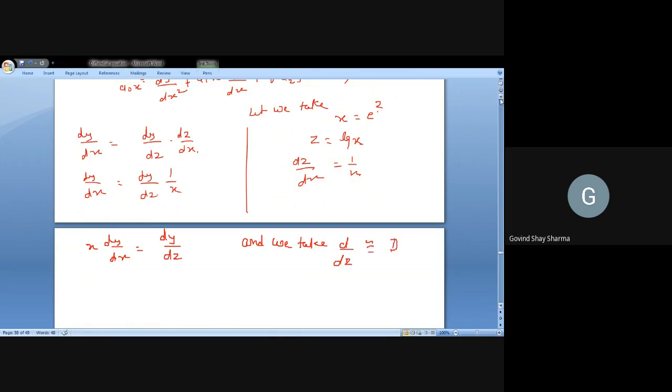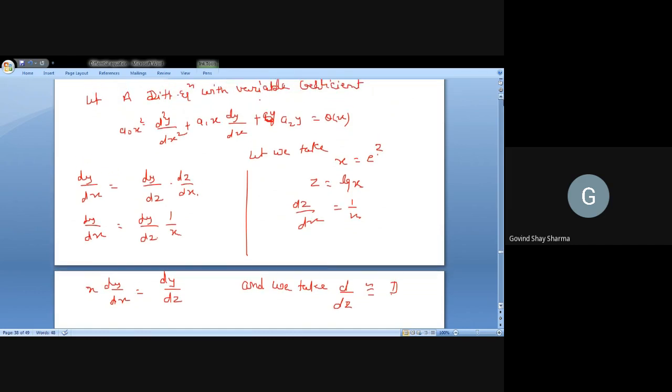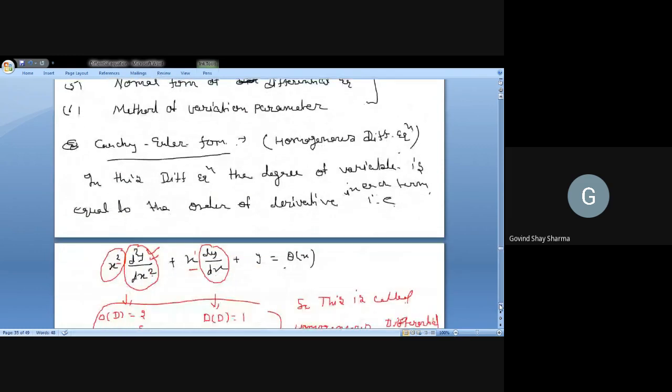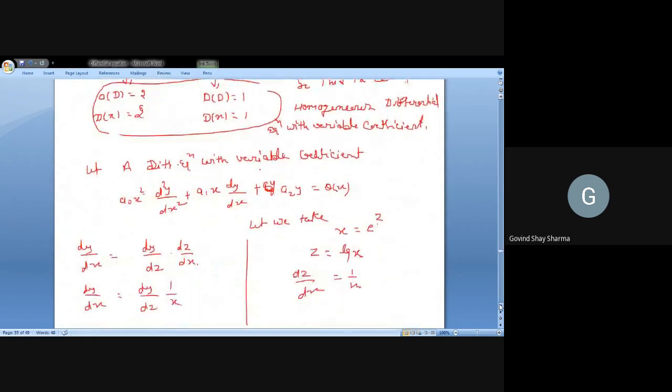Let's see again. In this type of differential equation, we replace x equal to e to the power z.